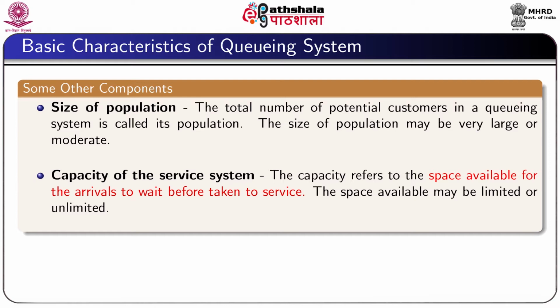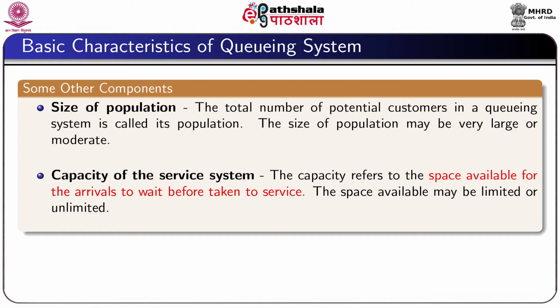For example, in a railway booking counter, the total number of potential passengers is so large that although theoretically the number of passengers is finite, it can be regarded as infinite for all purposes.